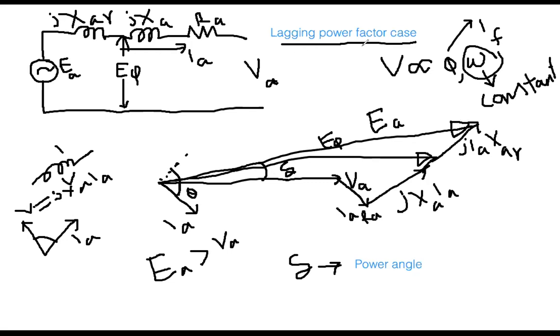And to compensate for that lagging power factor, you have to generate a huge amount of internal voltage here. This means, according to this equation, voltage is proportional to flux and speed, so you have to provide huge overexcitation. That's why lagging power factor means overexcitation.